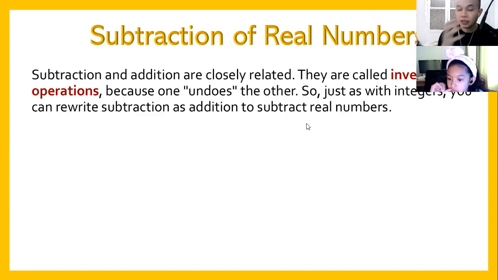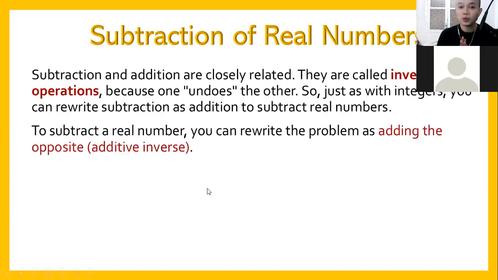Subtraction is actually dependent on addition rules, because you cannot proceed to subtraction right away. You need to change it to addition first. So just as with integers, you can rewrite subtraction as addition to subtract real numbers. That's what it's saying.